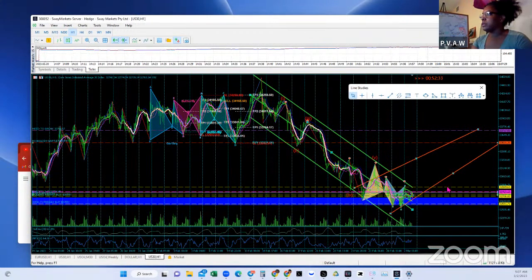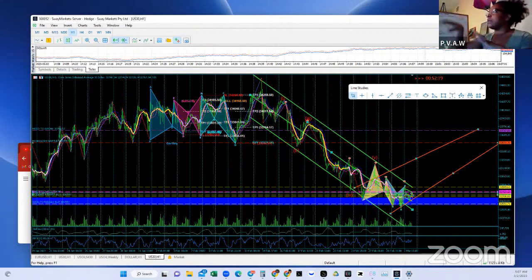I told you guys we needed that handle. And I said US30 goes up for the handle, then starts creating ICCs: impulse, correction, continuation. So basically, we're going to get a larger pattern made, more than likely a larger W.